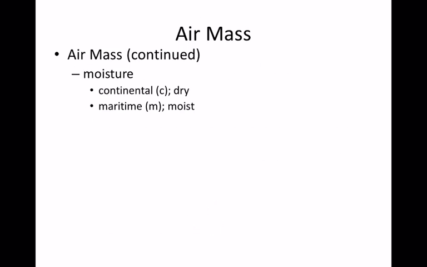Okay, so then the other thing we need to describe our air mass is the moisture content. And we talked about, goodness, back in Unit 1, you could live on the coast, okay? And if you live on the coast, we call that a maritime location. And so actually we're going to fall back to maritime. You could think of lowercase m, it really means maritime, but it could also mean moist, okay?